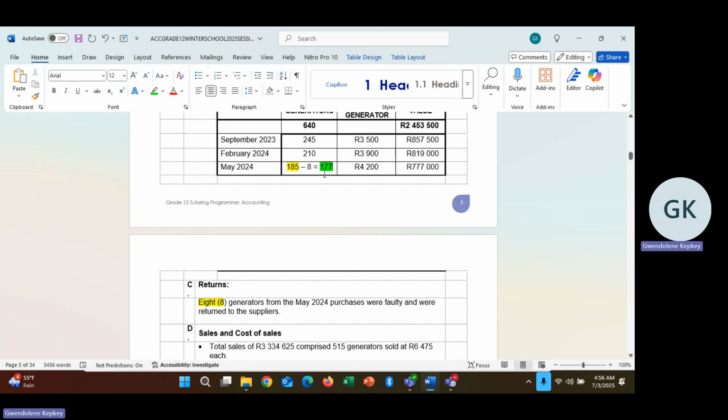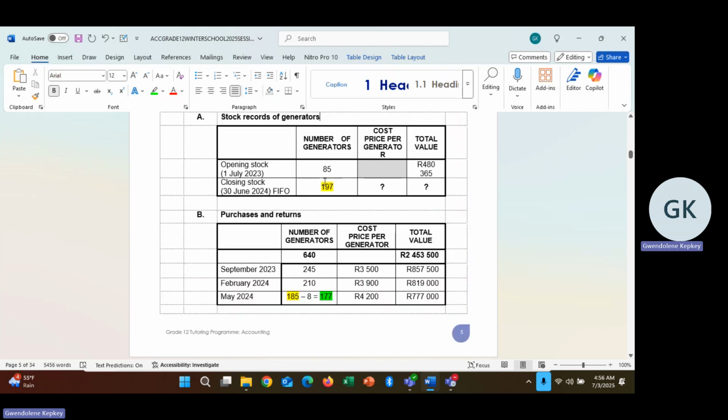I have 177 left for the month of May. Clearly you see that 177 does not bring me to the 197 yet. Therefore, I must have 20 items left of the month of February. Why is that important to note?